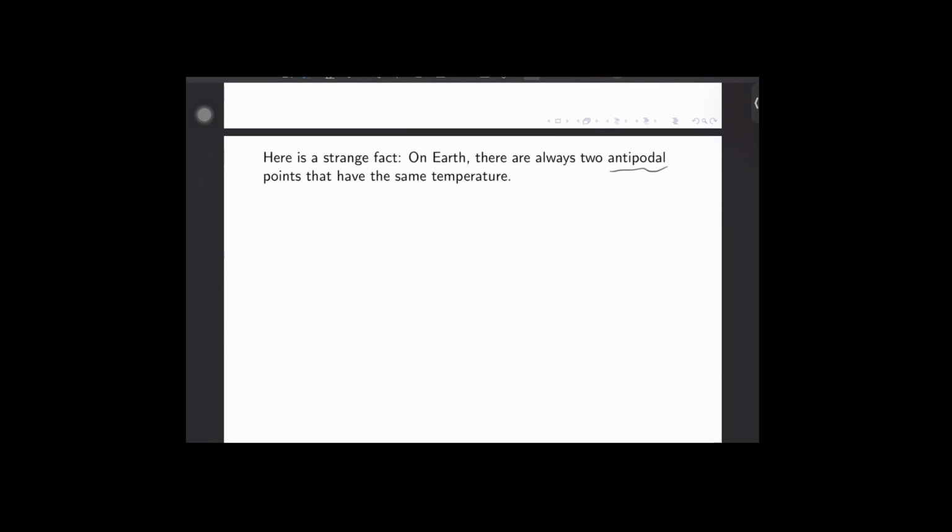So antipodal just means polar opposites. So completely opposing points on Earth. And I'm assuming that the temperature varies continuously.